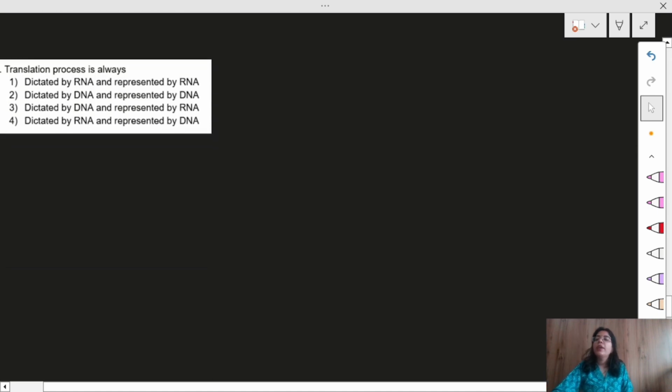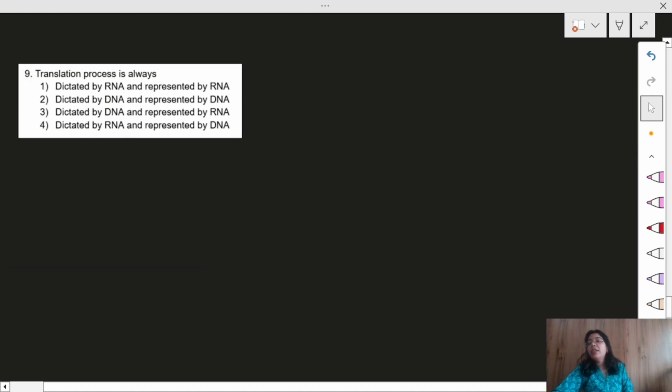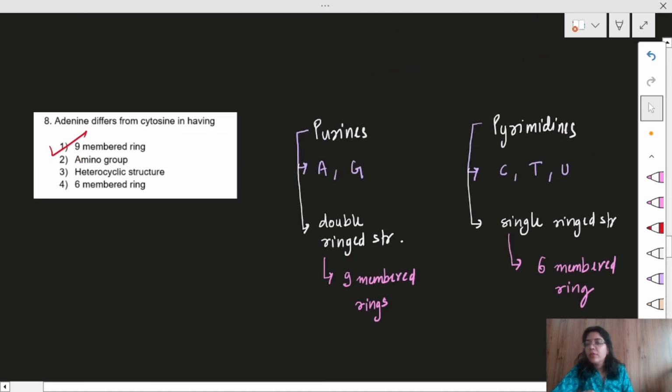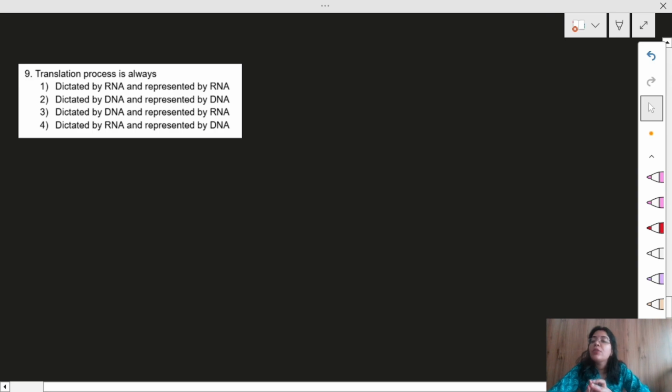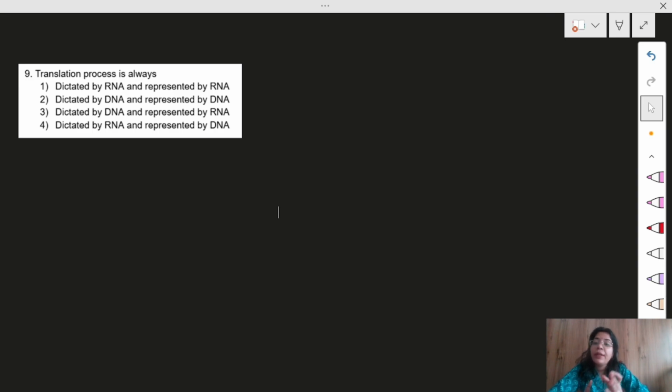Understood. Now this translation process is always dictated by RNA, represented by RNA; dictated by DNA, represented by DNA; dictated by DNA, represented by RNA; and dictated by RNA, represented by DNA. What is the meaning of this? It's a very easy question. Its answer is in Francis Crick's central dogma of life that we discussed.